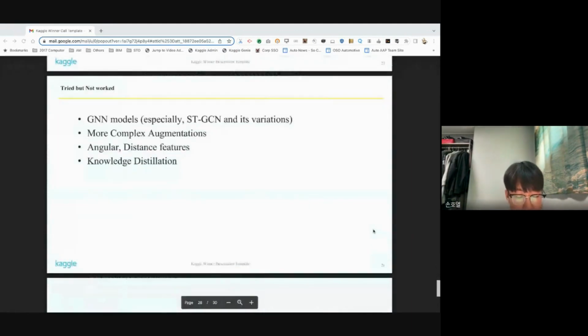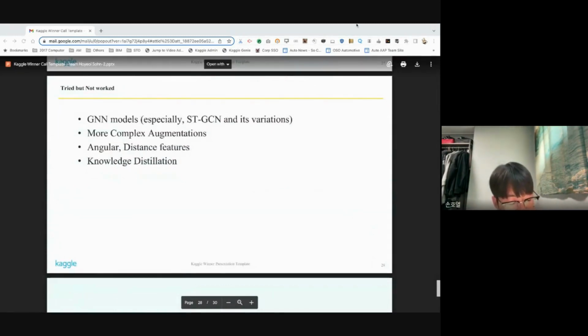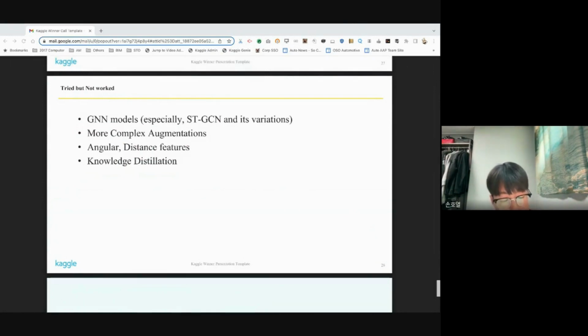There were several methods I tried but did not include in my solution. Graph neural network models, which reported high performance on various skeleton datasets, such as the Kinetics dataset, were not very efficient. Because of the characteristic of the data, I was able to try many new augmentation techniques, and I implemented complex ones that did not exist before, but only the existing simple techniques that are widely used were effective.